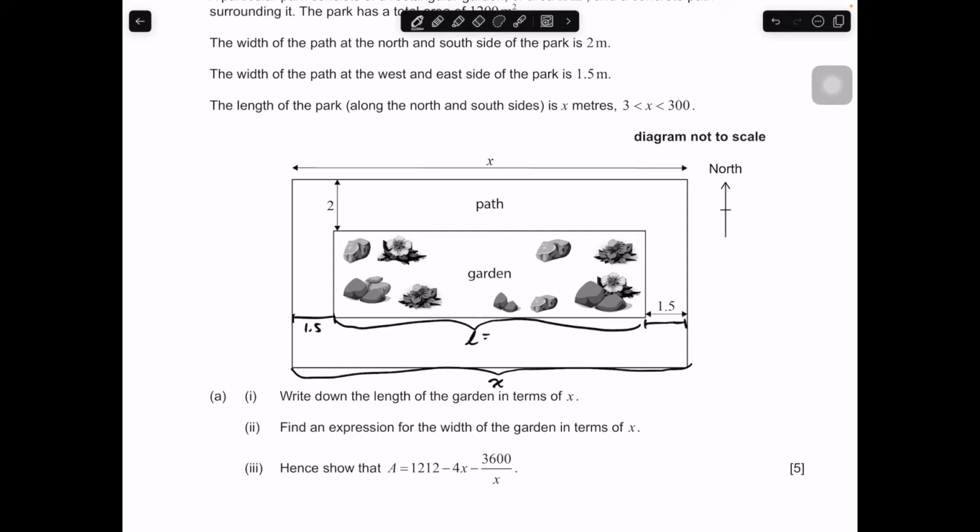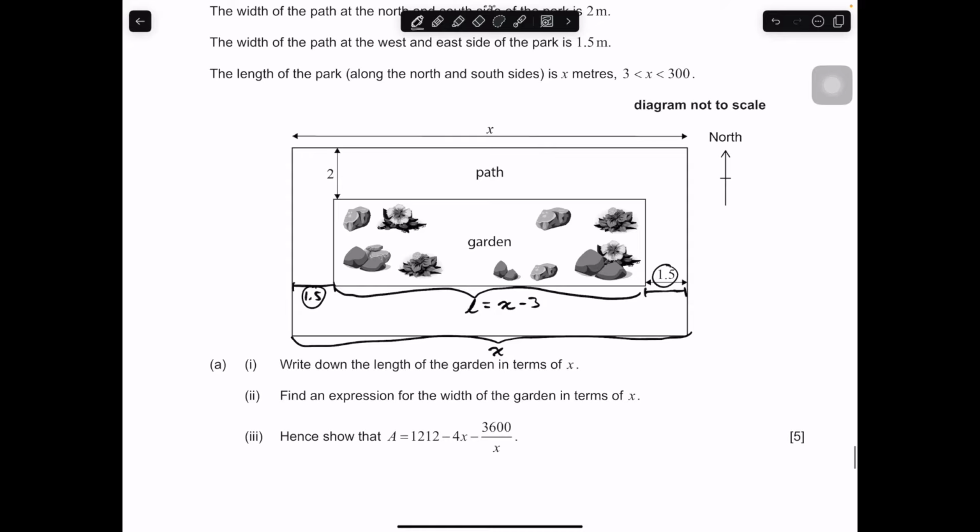So the length of the garden is x less 1.5 times 2, or less 3 meters. It's 1.5 meters less on this side, 1.5 meters less on that side. So length is equal to x minus 3.